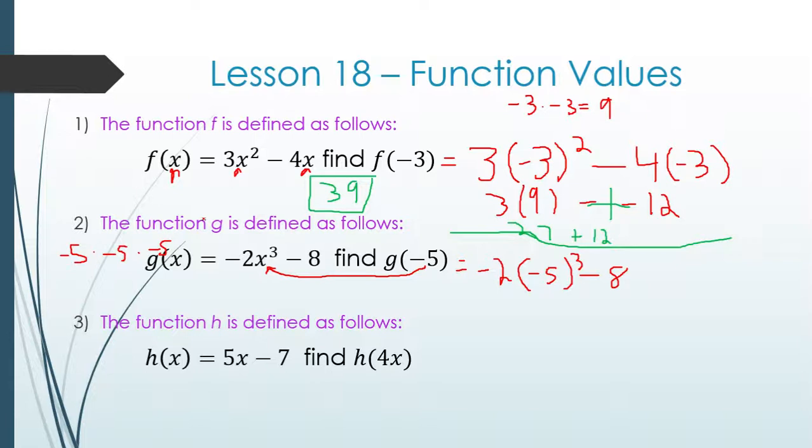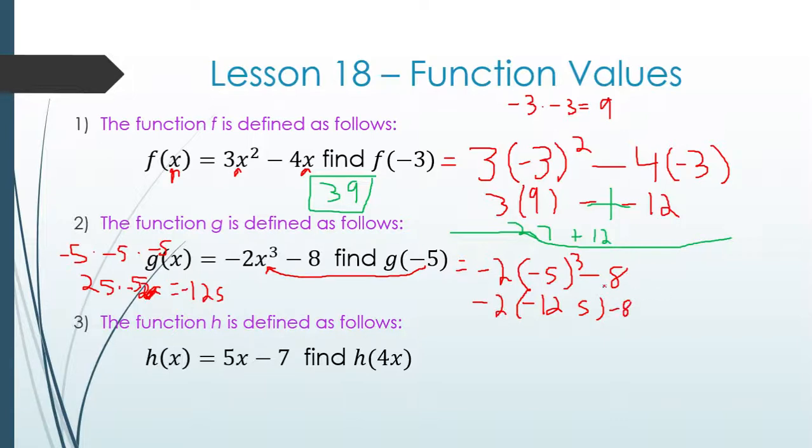So let's take it a step at a time. Negative 5 times negative 5, what is that going to be? We said negative times negative is a positive, so that's going to be positive 25, times negative 5. That's going to be 125, but it is going to be negative. So we get negative 125 here. Now, we have negative 2 times that, and then minus 8.